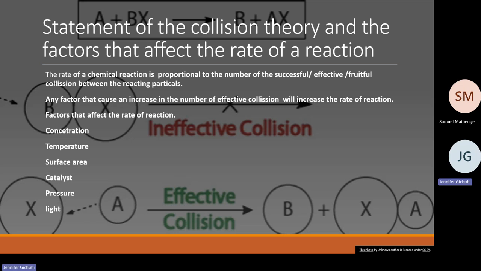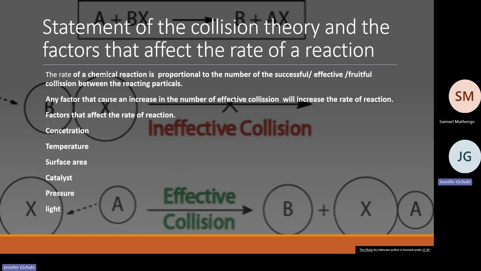That means any factor that will cause an increase in the number of the effective collisions will therefore increase the rate of the chemical reaction. Why? Because the number of the effective collisions is directly proportional to the rate of the chemical reaction. And now this takes us to the factors that affect the rate of a chemical reaction.